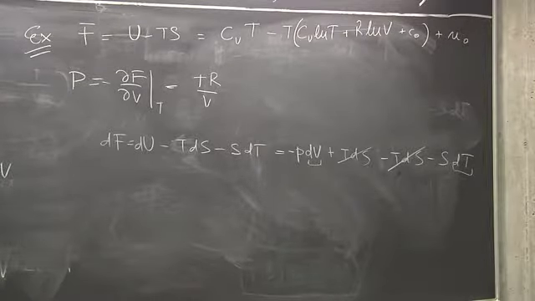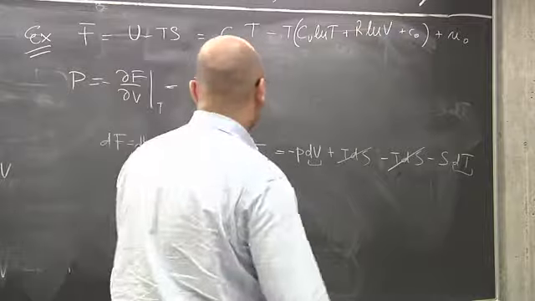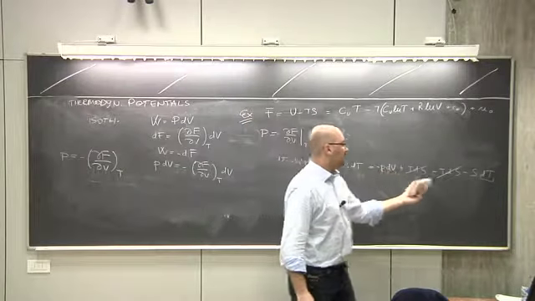So this is an example of something which is called Legendre Transform. But the only thing that you need to know is that dF is minus P dV minus S dT.